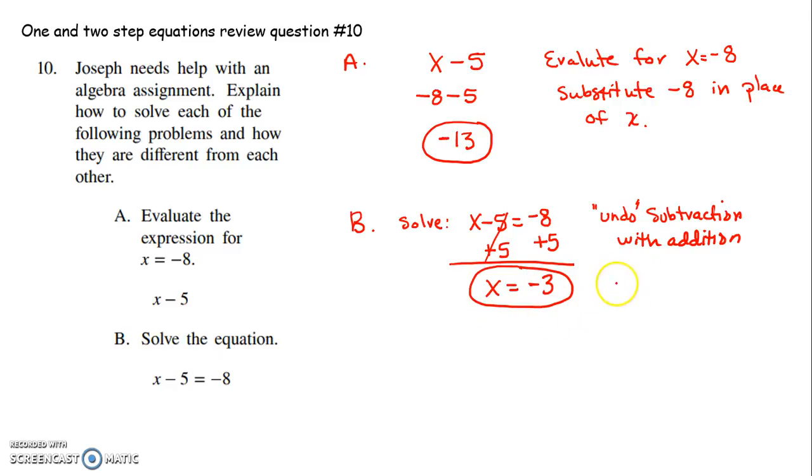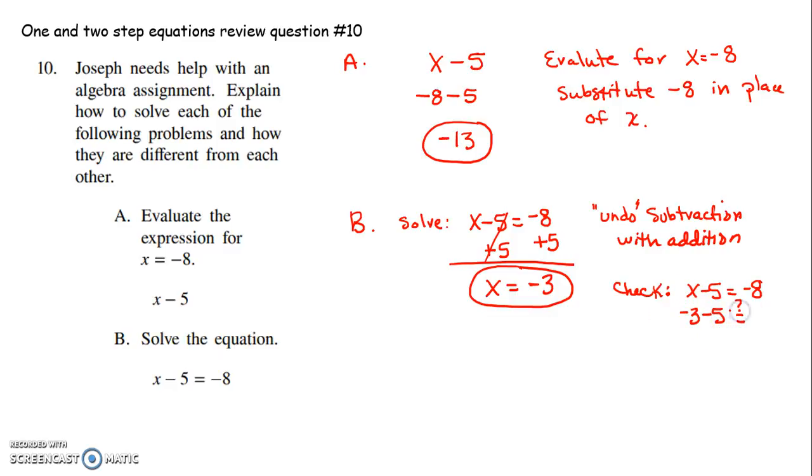For letter B, of course, I'll want to show a check. To show my check, I have x minus 5 equals negative 8. You always put in the original equation. Substitute negative 3 in place of x. Negative 3 minus 5.